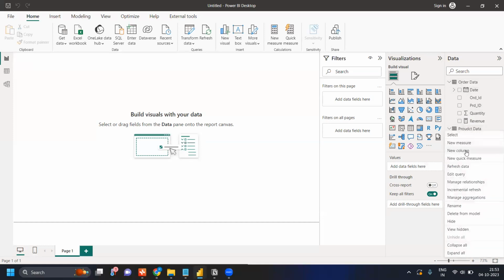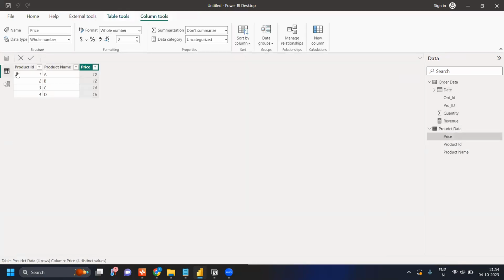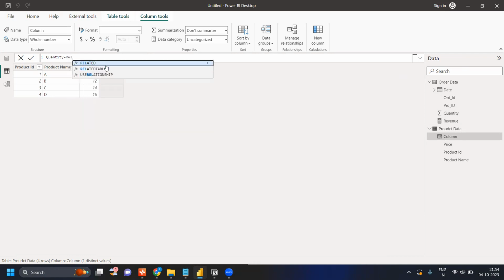Let me do that. So I'm creating a calculated column in the product table. I want to extract the quantity. So I'm using the RELATED function. Already discussed, right? The RELATED function will extract a column from one table into another table. So I'm trying to extract quantity.